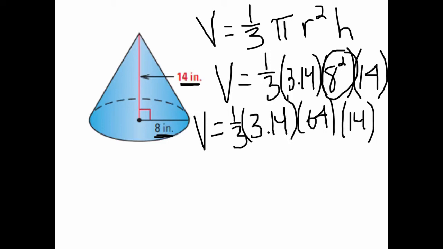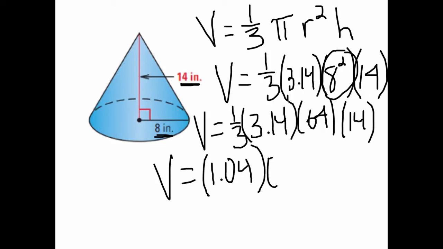And again, whenever I say these things squished together in math, that always means multiply. So let's go ahead and multiply. 1/3 times 3.14 is going to give me 1.04. I'm going to bring down the 64 because I haven't multiplied that yet, and the 14.